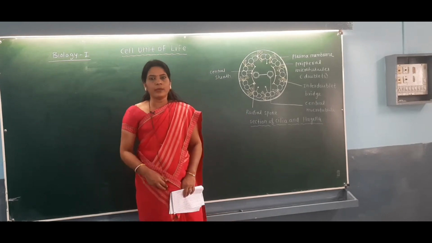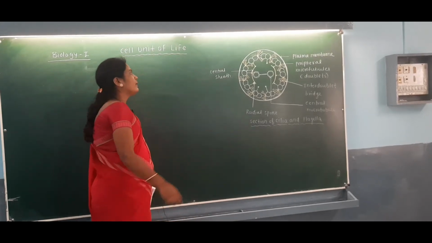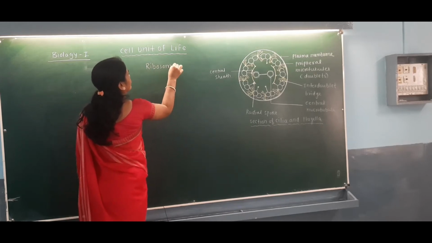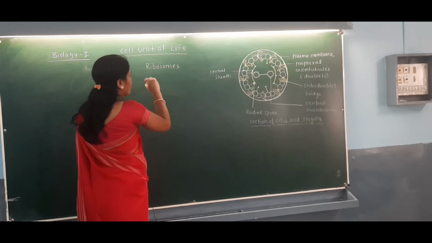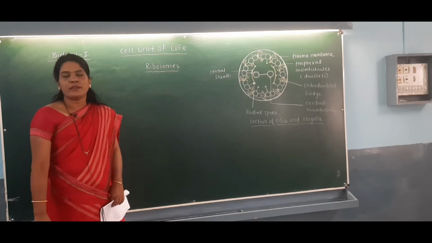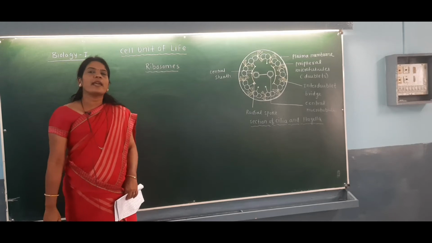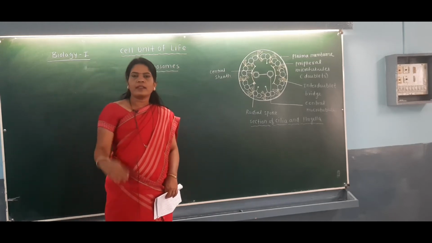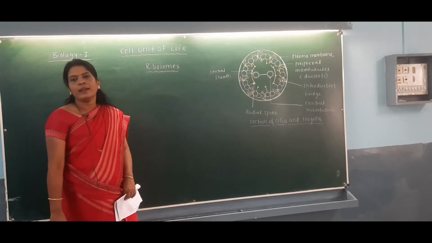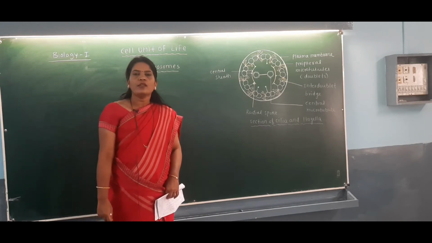Okay, now in today's lecture we will discuss the next part of this topic, and that is the ribosomes. Ribosomes are present in both prokaryotic and eukaryotic cells, because in the first lecture we have seen that this is one of the cell organelles which can be found in animal, plant as well as prokaryotic cells.